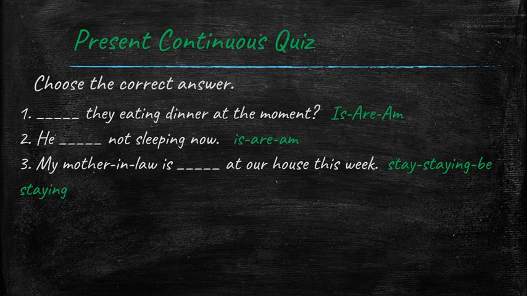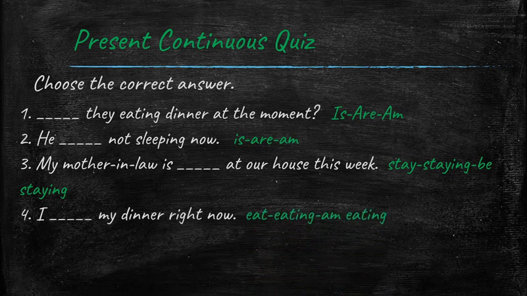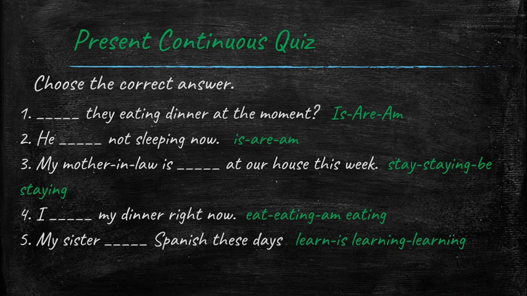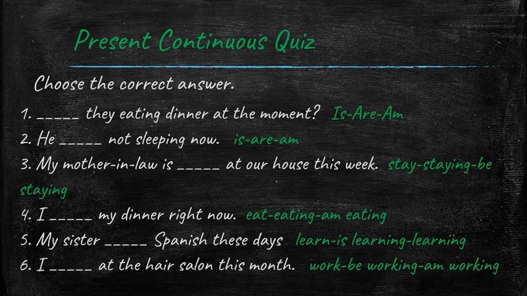Number 3, my brother or my mother-in-law is at our house this week. Number 4, my dinner right now. And number 5, my sister, Spanish these days. And finally, number 6, I at the hair salon this month.